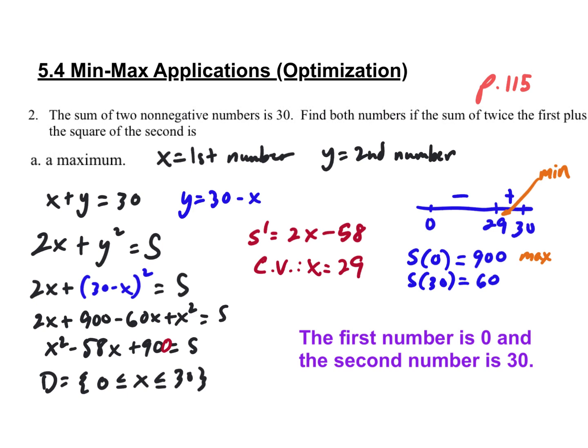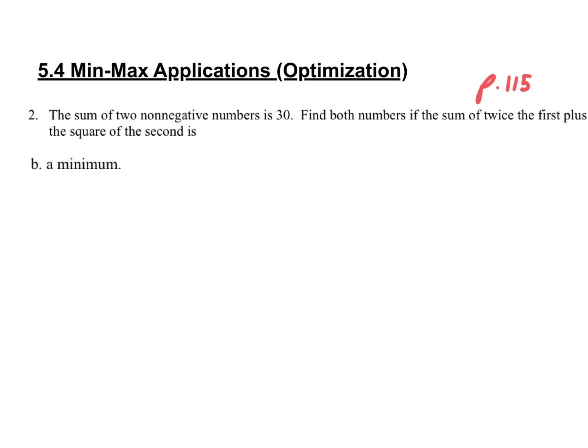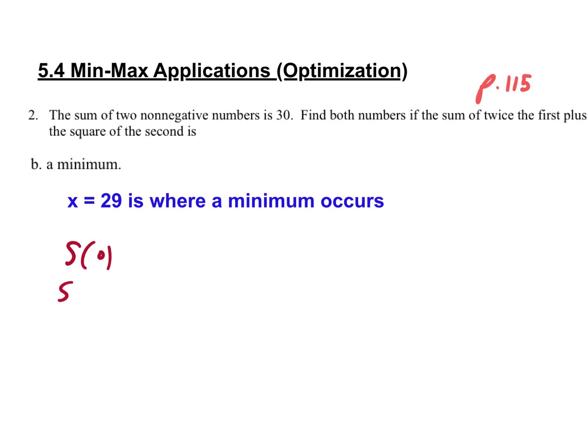Because of the minimum here, where'd it go? A minimum occurs here, but we do need to test the endpoints, 0 and 30. Oh, yeah. We need to know what S of 29 is. And this is 59.